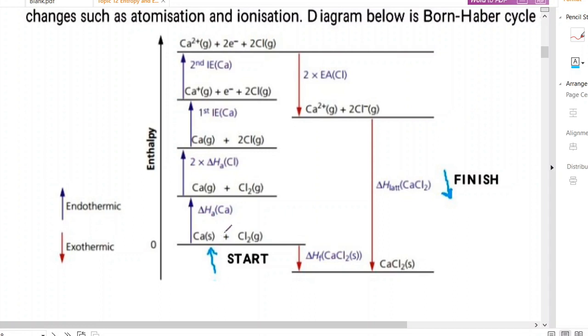As we read above, atomization is always endothermic, ionization always endothermic, but first electron affinity is exothermic, and lattice energy is exothermic because it is forming. And formation, these two could depend.